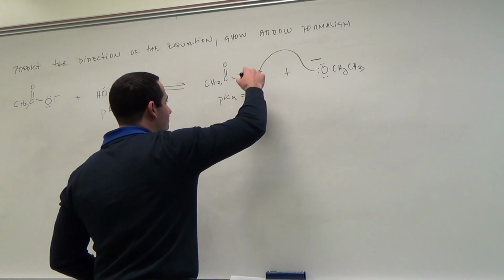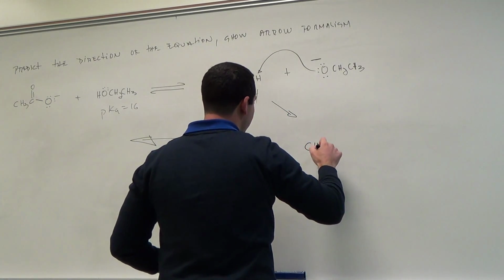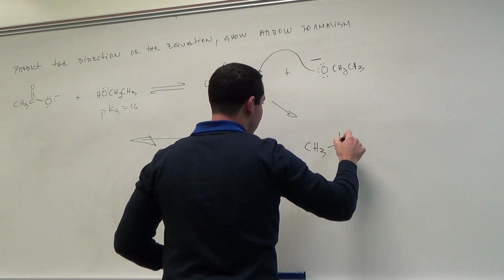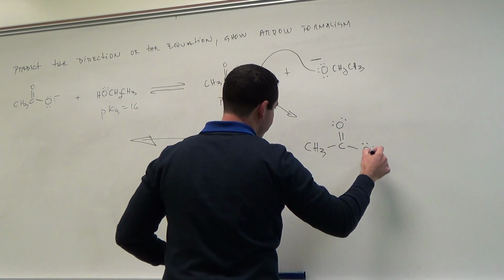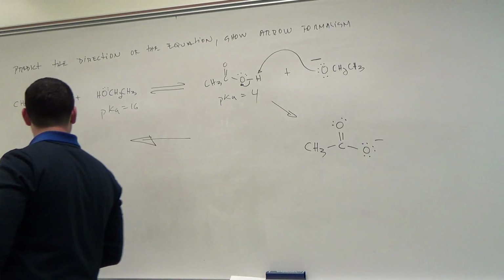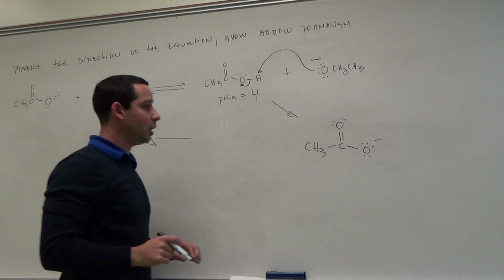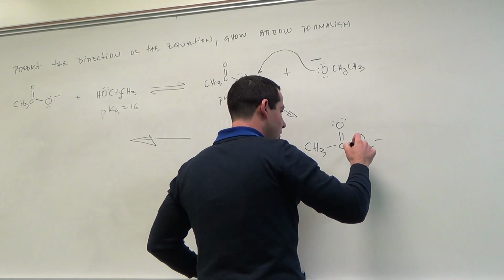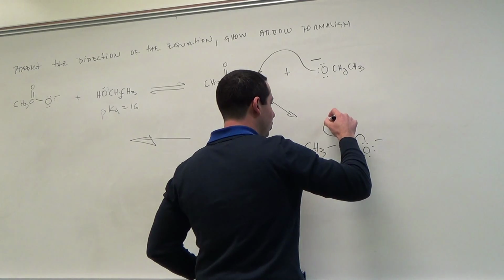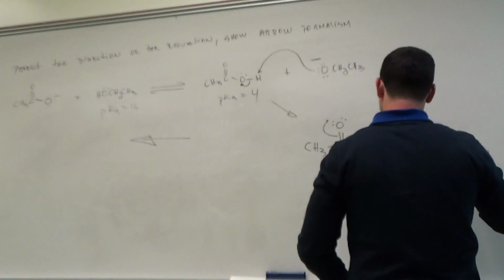So that's called the arrow formalism. And what happens after that is that this becomes this. Yes or no? And this thing is resonance stabilized, because I can put the two electrons there, and those two can go that way, and this gives me this resonance structure.